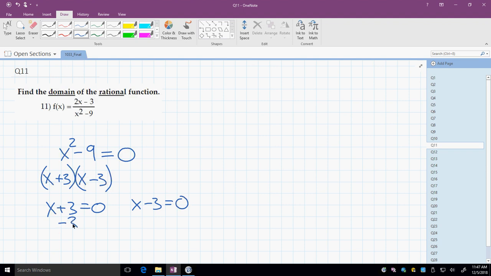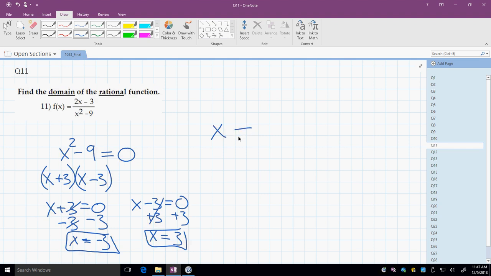Solve for x by subtracting 3, both sides of the equal sign. Add 3. Now we have x equals 3. Our domain is going to be all real numbers but 3 and negative 3. So x cannot equal negative 3 or 3.